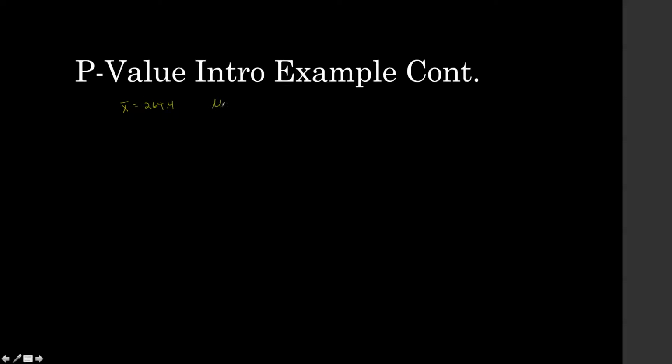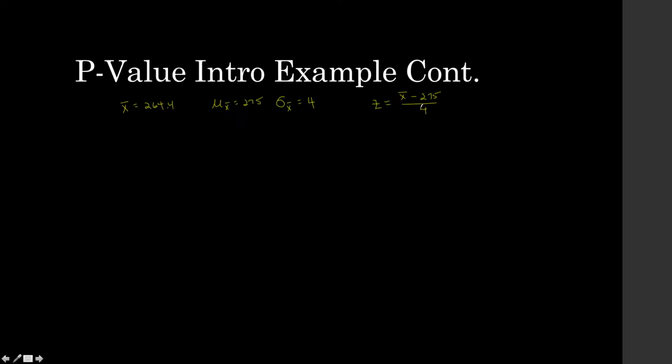We know that the mean of the sample means is 275. We know that the standard deviation of the sample means is 4. We know that our test statistic is x bar minus 275 over 4. And we're trying to find our p-value, denoted by the letter P. We will always denote it by the capital letter P.